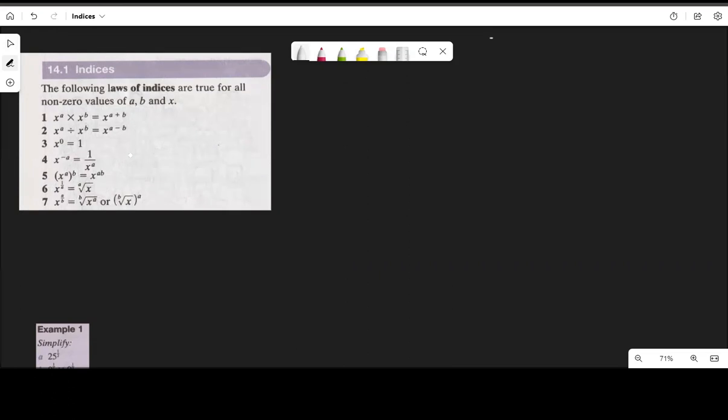So the laws of indices, we have 7 laws of indices. The first law is the law of addition, which says x to the power of a multiplied by x to the power of b is x to the power of a plus b.